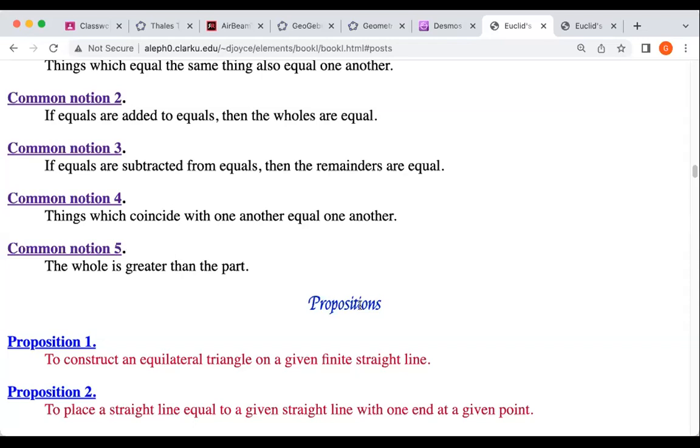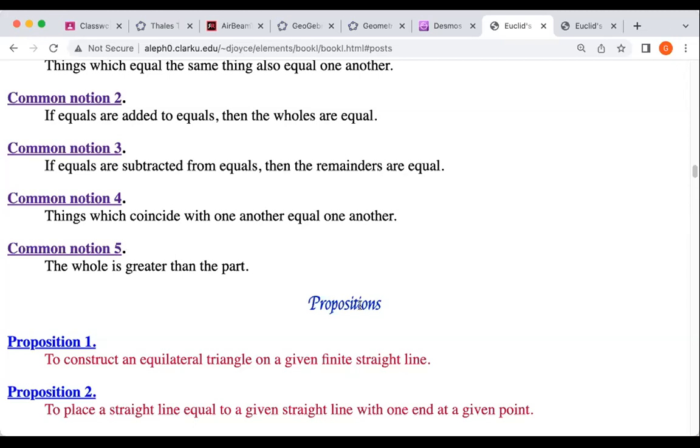Some of them are theorems, like the Pythagorean theorem, proof that vertical angles are congruent, things like that. And some of them are constructions. I would say about a quarter of them are constructions using a compass and a straight edge, and 3/4 of them are theorems.